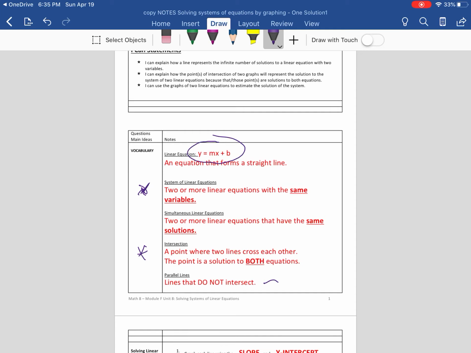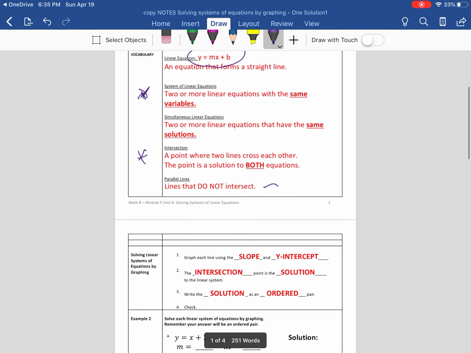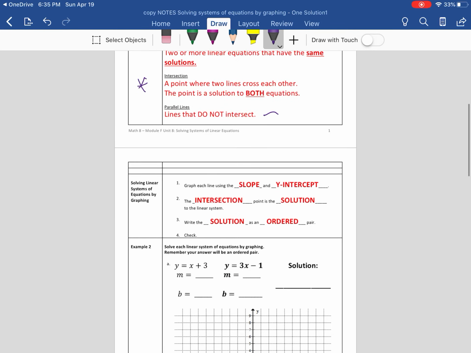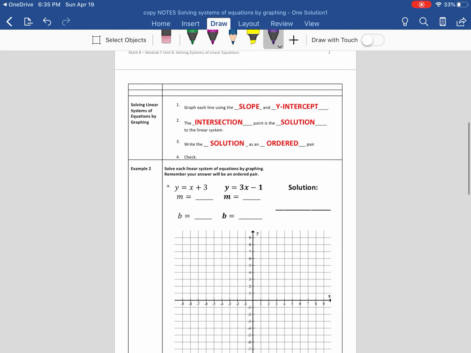All right? We did the linear equation, y equals mx plus b. It's an equation that forms a straight line. We talked about that yesterday. So here we go. Solving linear systems of equations by graphing.